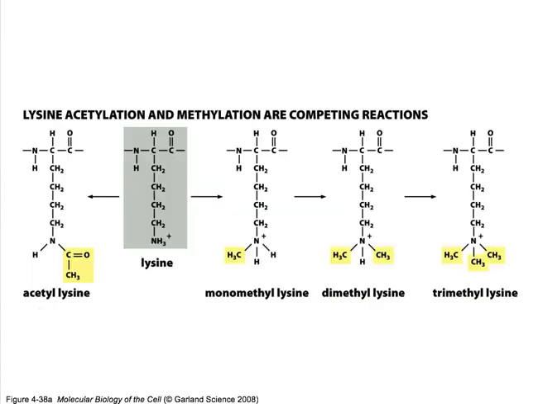Further investigation has revealed that certain amino acids in key positions in the tails of the histones can be modified by enzymes in their vicinity. One of those is lysine. Lysine acetylation and methylation are important reactions which can change the shape of the tail and its interaction with the environment.